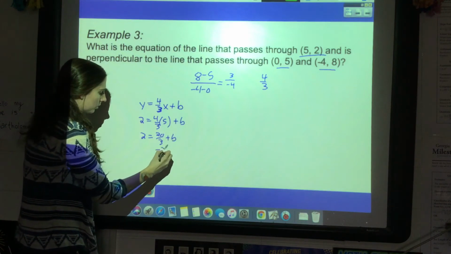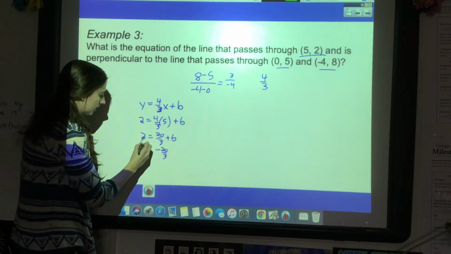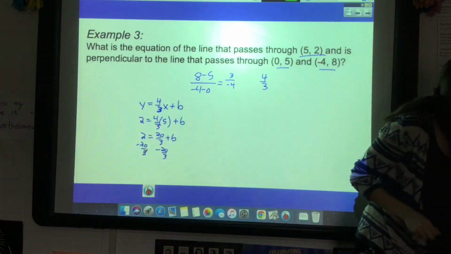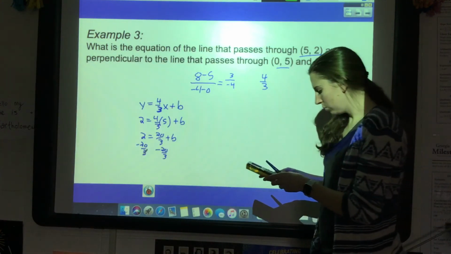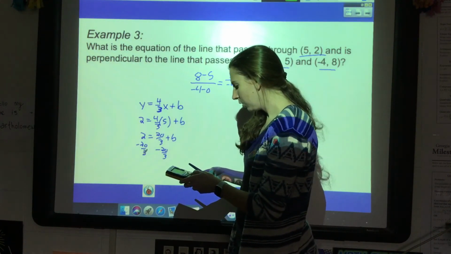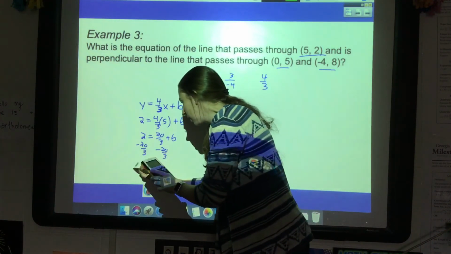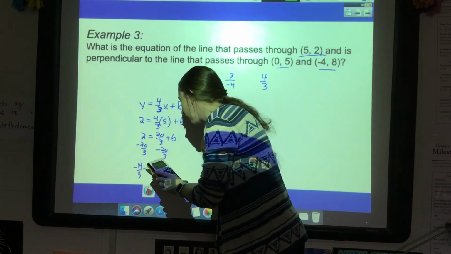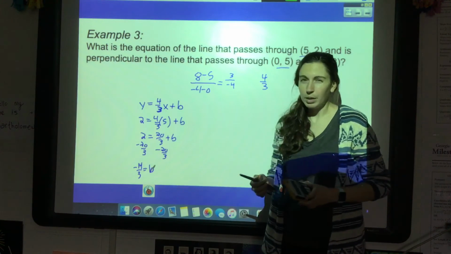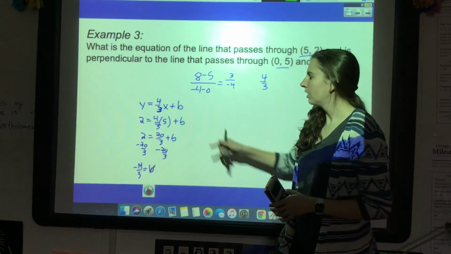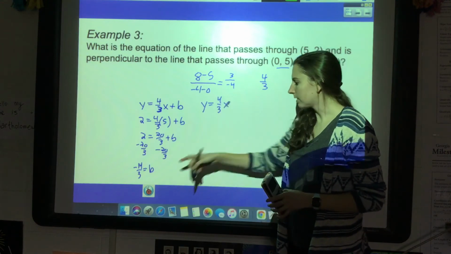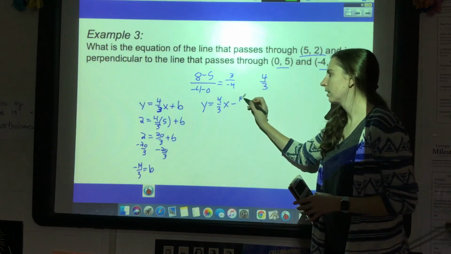And then subtract 20/3 from both sides. And we're going to get a fraction there. So 2 minus 20/3. It's -4.6 repeating, which is -14/3 as a fraction. That's my y-intercept, which would have been hard to see on a graph, by the way. So let's come back here, and instead of b, we'll put what it is, -14/3.